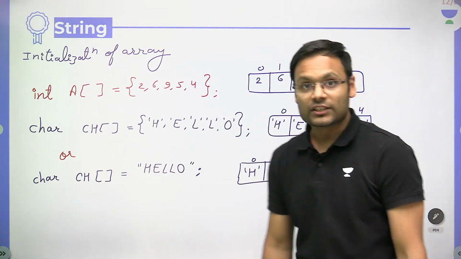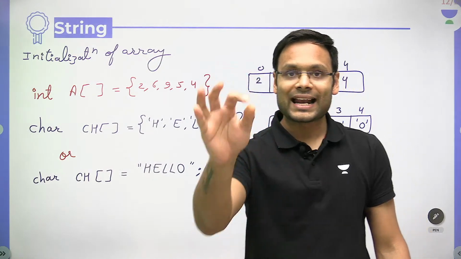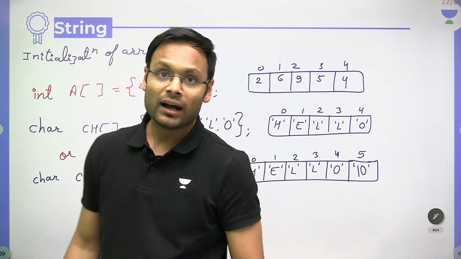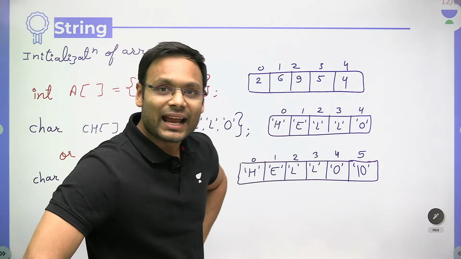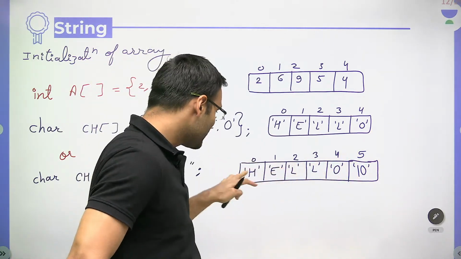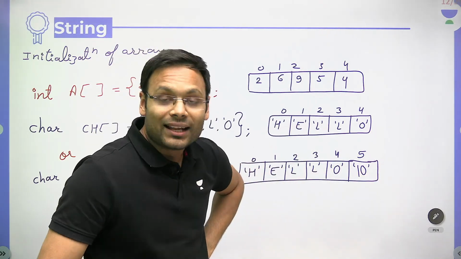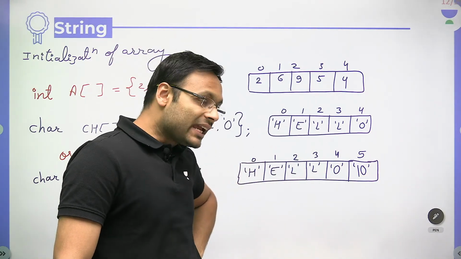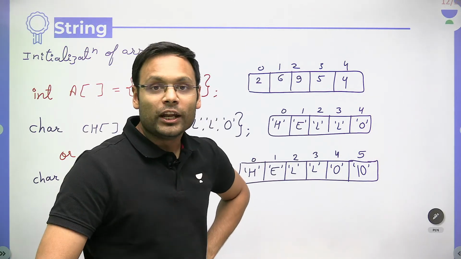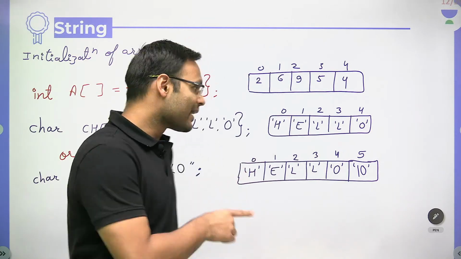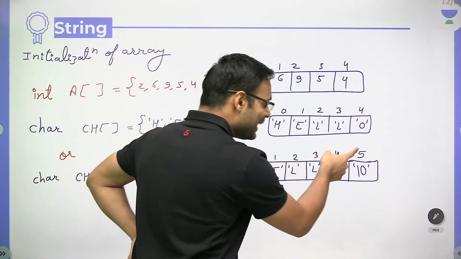Size 6. क्यों? 5 for the characters, 1 for the null character. अब ये सर null character add क्यों किया? null character इसलिए add किया ताकि वो denote कर पाए कि string यहां से शुरू हुई है, यहां खत्म हुई है. The null character is taken to specify to the system that our string will end here.